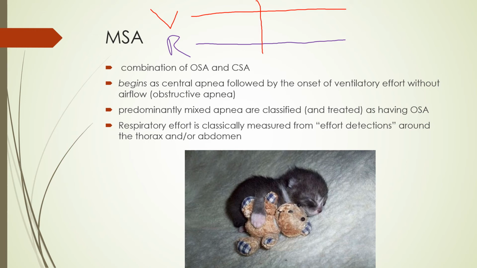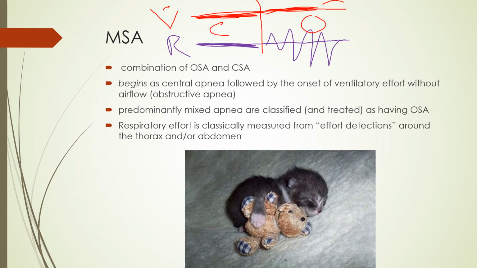So there is no airflow, and there is no respiratory effort. You don't see anything moving. And then once this period is over, their diaphragm's going to kick in and be like, oh, you need to breathe, right? So they're going to breathe really deep, but guess what? There's still no airflow till eventually air starts moving, right? So this is where it starts off as a central and then it goes into an obstructive.